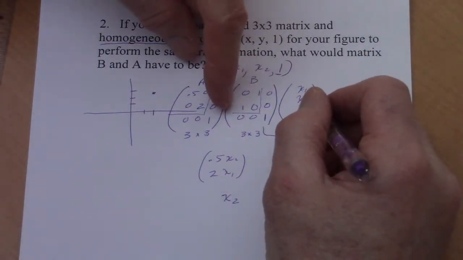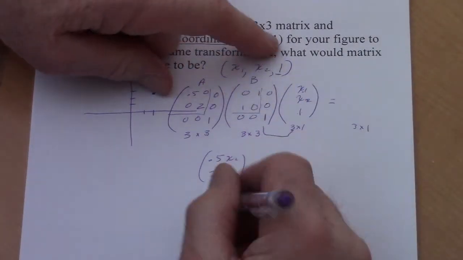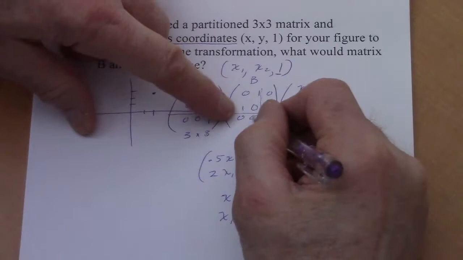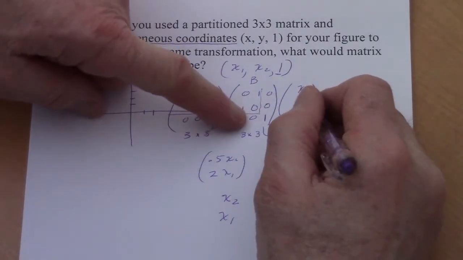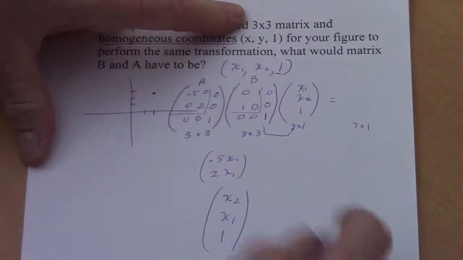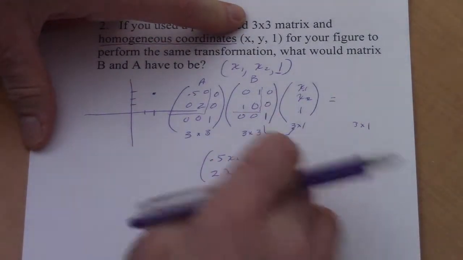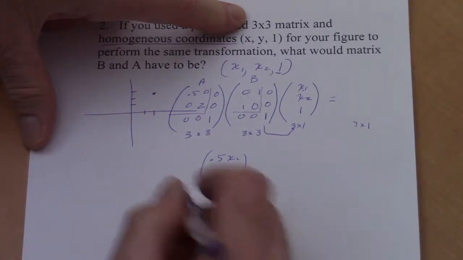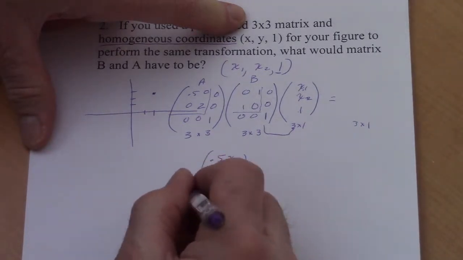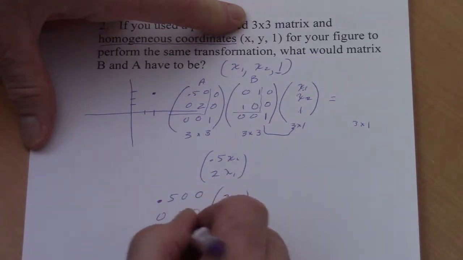And the next row, 1, 0, 0, gives us x sub 1 plus 0 plus 0, which is x sub 1. And then this last row gives us 0, 0, and 1. So notice it does the same thing. Remember, B just switched x sub 1 and x sub 2 before, and it does the same thing here. Z stays the same.